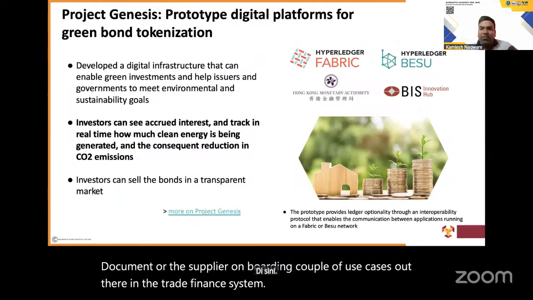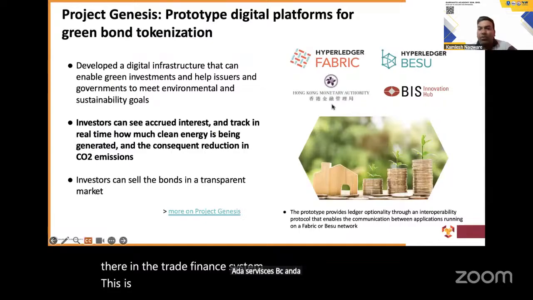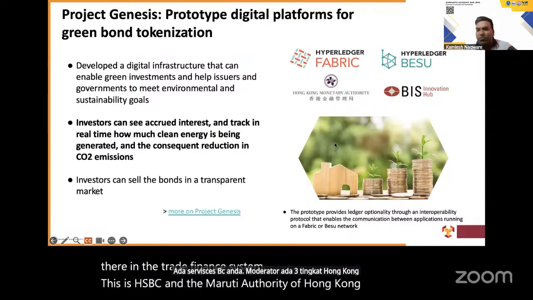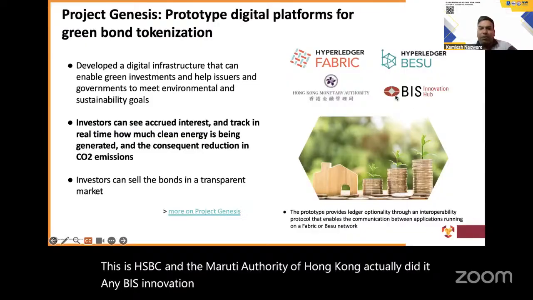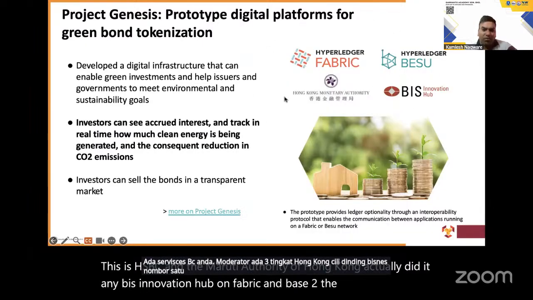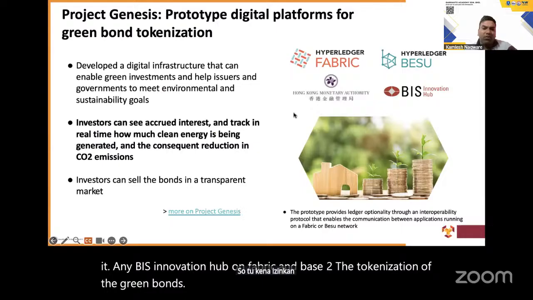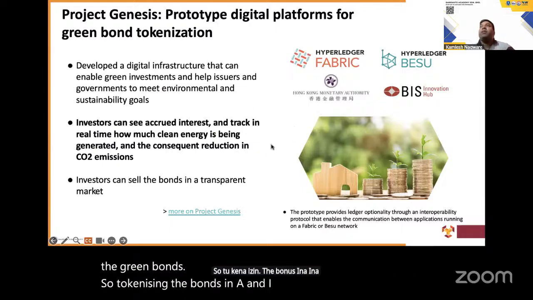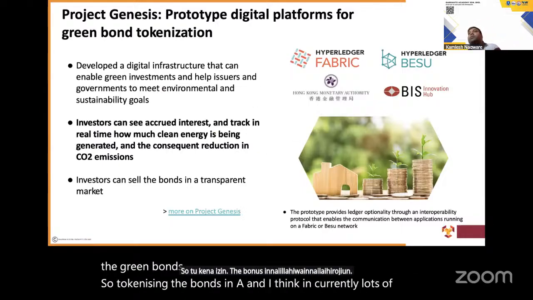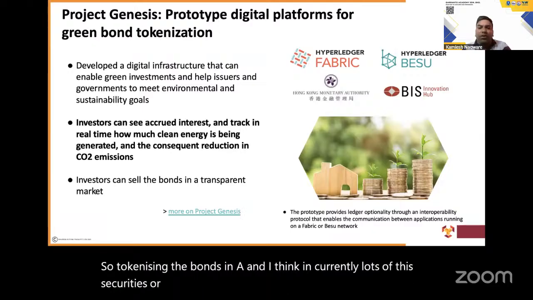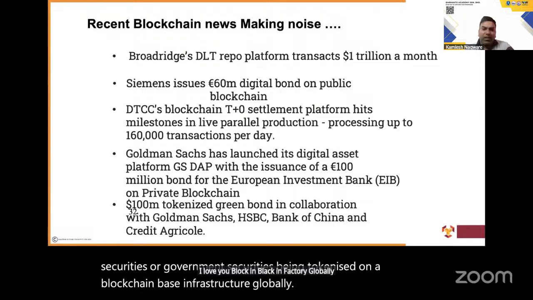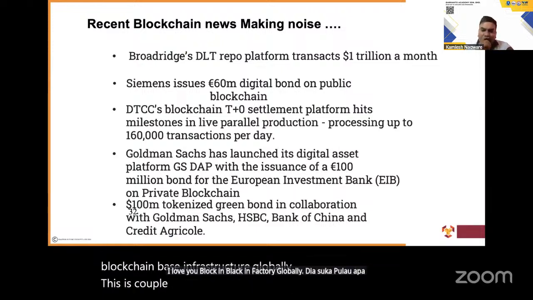This is HSBC and the Monetary Authority of Hong Kong, who actually did it with the BIS Innovation Hub on Fabric and Besu, the tokenization of green bonds. So tokenizing the bonds, and currently lots of securities or government securities are being tokenized on blockchain-based infrastructure globally. This is a couple of good data points.